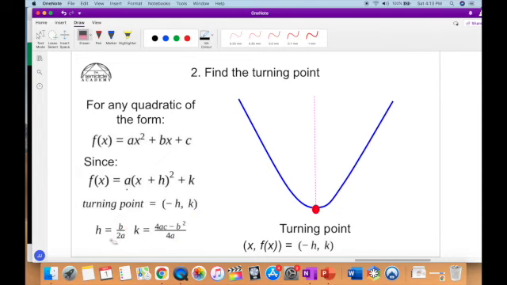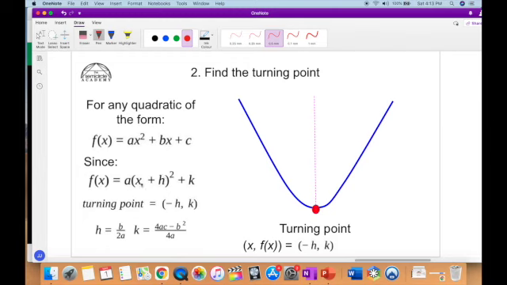Let me just say that when you find h ends up being 3 and k ends up being 4, then the turning point will be (minus h, k), that is (minus 3, 4). So you can see that in order to find the turning point, we definitely need to complete the square, put it in the form of completing the square, and therefore find h and find k.